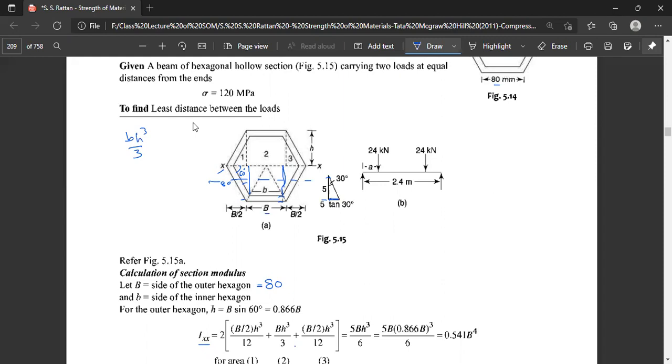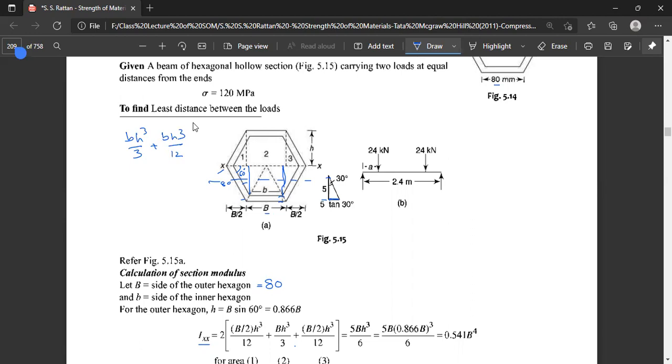Plus, next we have to know the bending moment of this rectangular section above the base, constant base. That is bh cube divided by 12. This is the base, constant base itself.